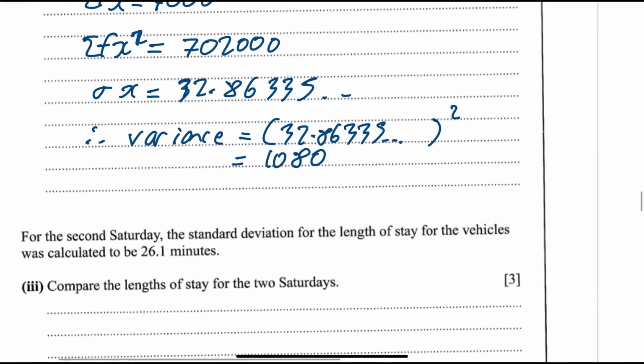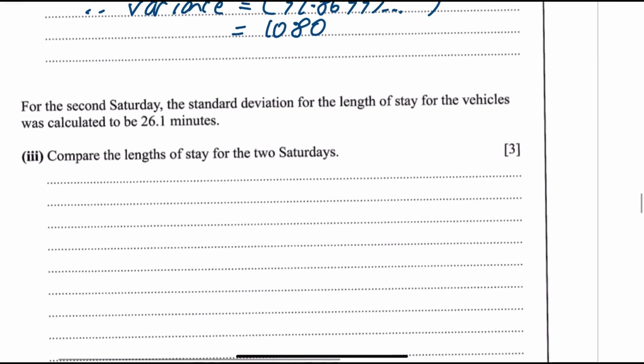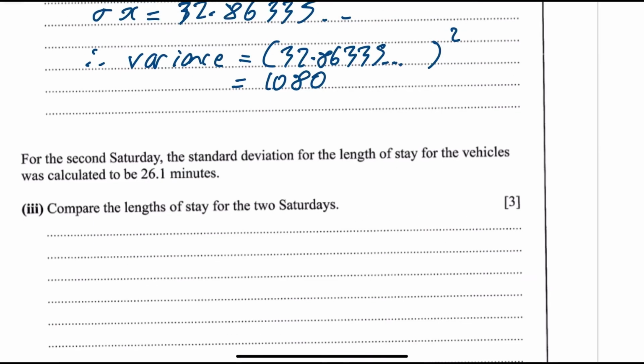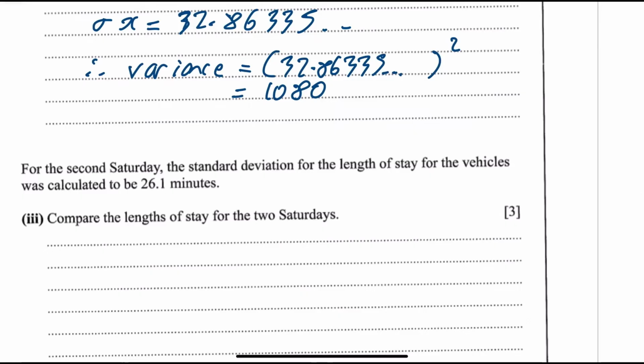Okay, I really didn't like this next question. It says, for the second Saturday, the standard deviation for the length of stay was 26.1. Remember in our previous one, the standard deviation was 32, so in this second Saturday the standard deviation is smaller.